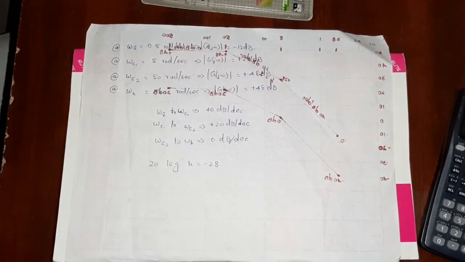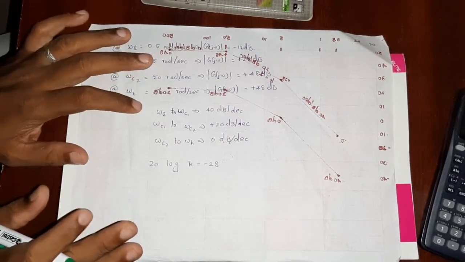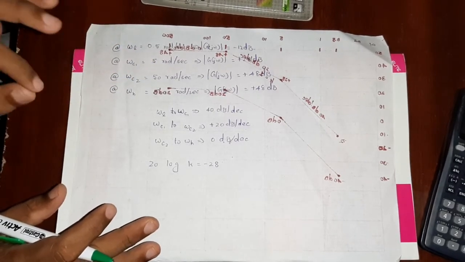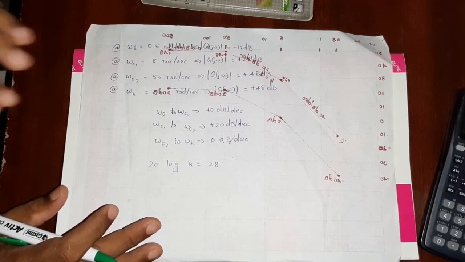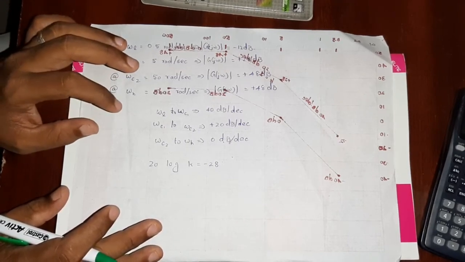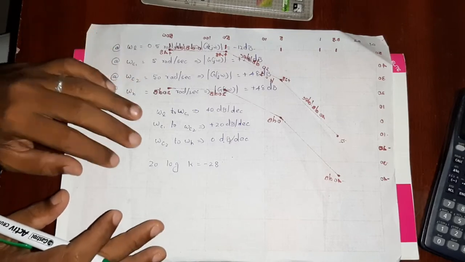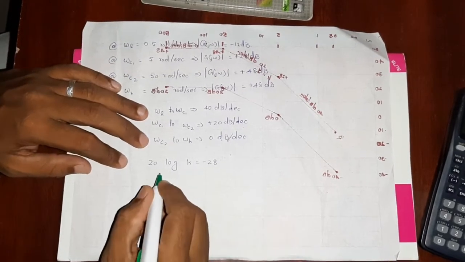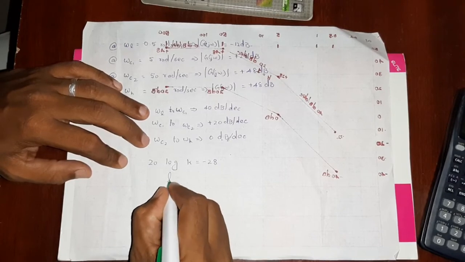Only if this condition is satisfied, then at omega equal to 5 radians per second the plot will cross 0 decibel, and 5 radians per second can be considered as the gain crossover frequency.